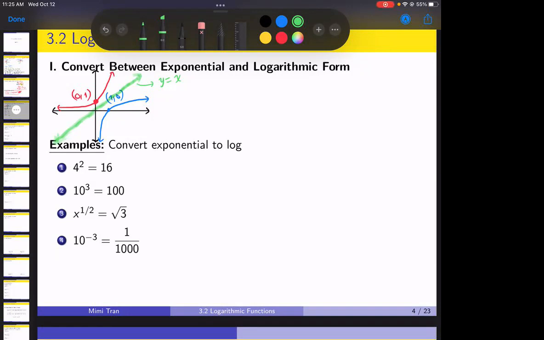All right. Convert exponential to log. Four squared equals 16 is true. Yes, it's true. So this is exponential. I want to convert it to log.